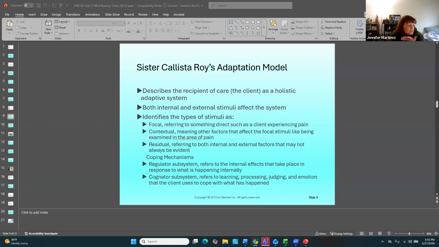How are we handling the situation? How are we coping with that situation? Does that make sense? Do you understand the difference between the two? Different things can happen based on whatever the situation is.